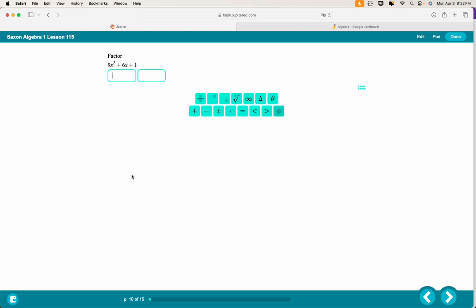And if you're not putting your parentheses on there, you have to put the parentheses in there in order to get it to do right. So that would be your answer.